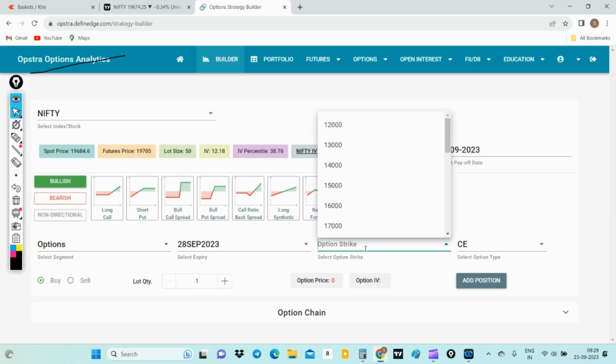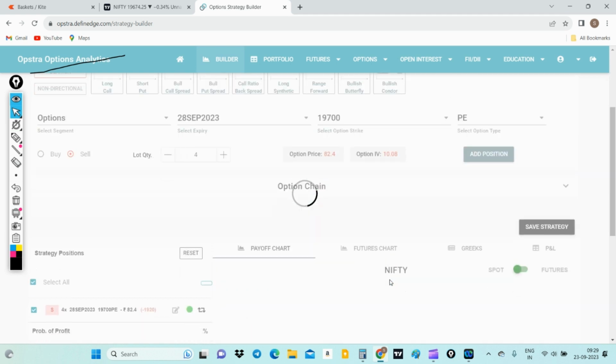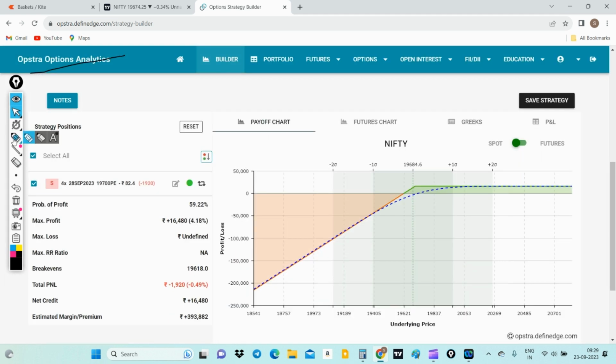Suppose I have sold 19,700 P. Here there is an option where you can input all your details, how many lots and at what price you have sold. You click on add position, and it will show you the P&L statement over here.